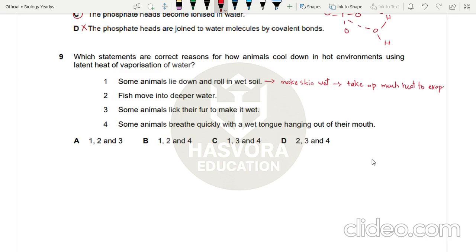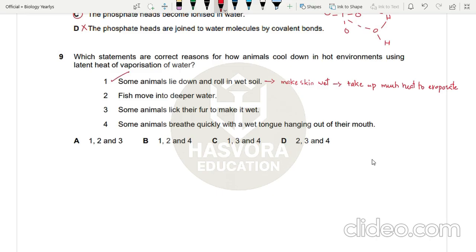You also know that evaporation has a cooling effect. So when they take up much heat, more of the heat is absorbed and removed from the body in the form of a smaller volume of water. So this will be a correct statement.